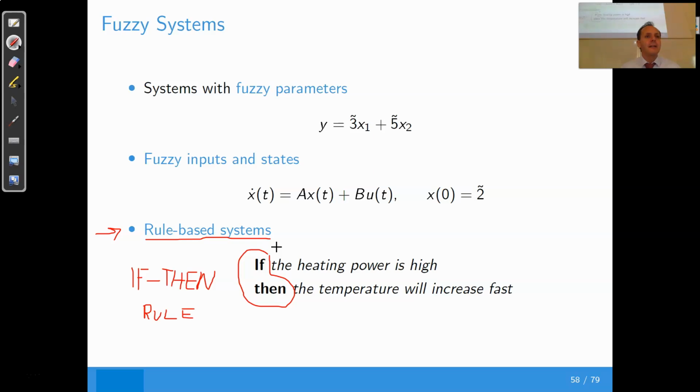This is why fuzzy systems are very powerful: even a person who doesn't know anything about physics, from his or her personal experience, is able to describe the behavior of a process.